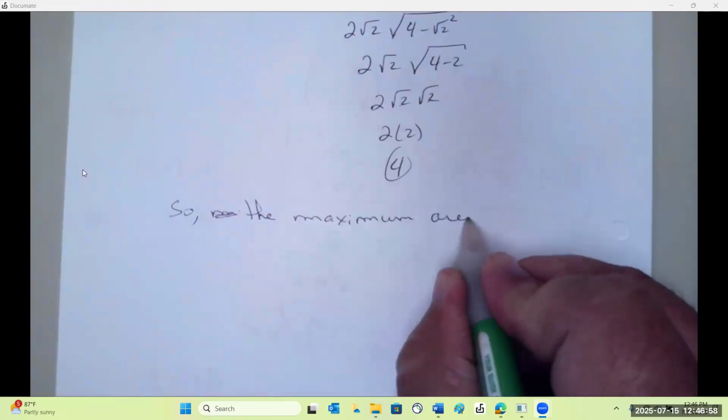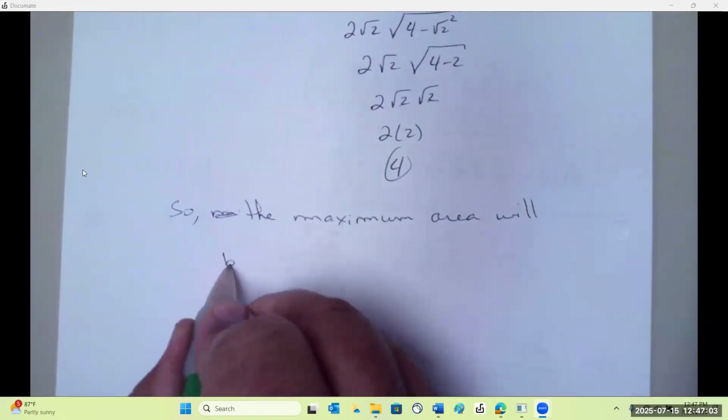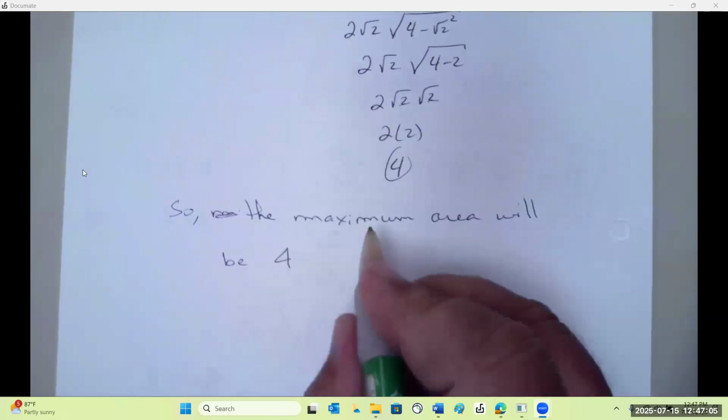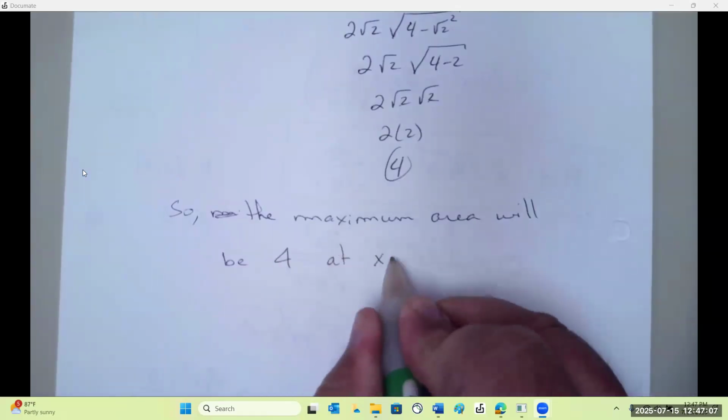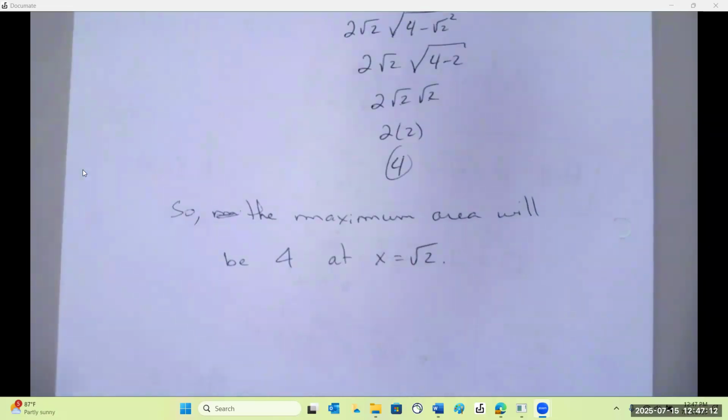The maximum area will be 4 at x equals the square root of 2. We'll come back to the next one because it's pretty lengthy, and we'll have to jump from algebra to trig to solve it. It deals with light refraction.